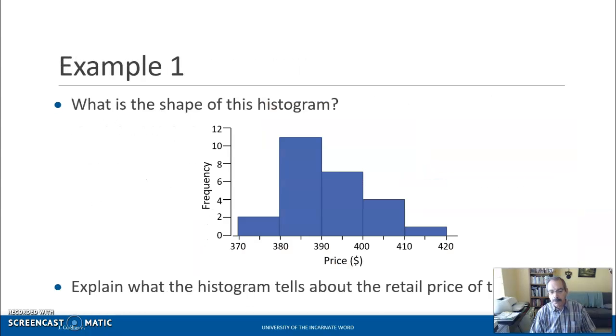So now let's talk about the shapes and what the histogram is telling us. So what would the shape of this be? Well, I don't think it looks like a symmetric one. I don't think it looks like a uniform histogram. I don't think it looks like the bimodal. And if you see, the bars are decreasing towards the right. So this looks a lot like a right skewed or positively skewed histogram.